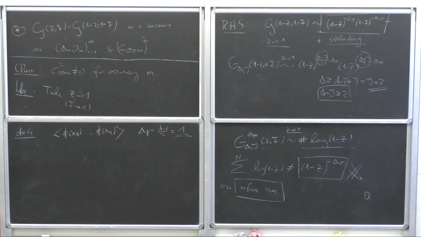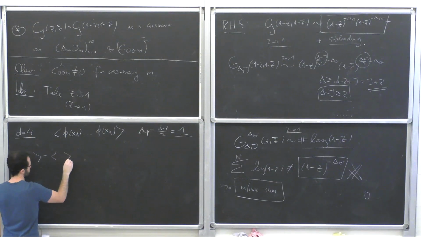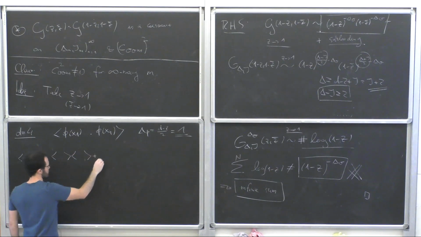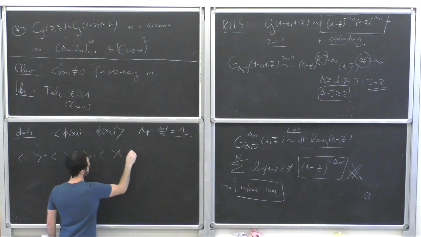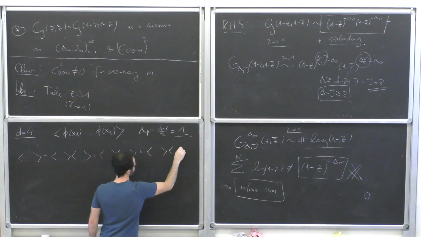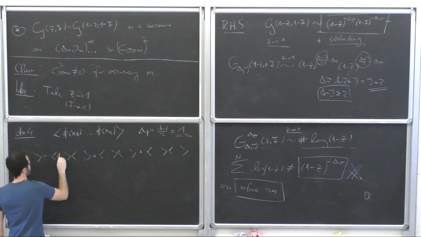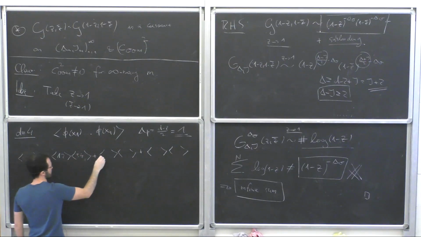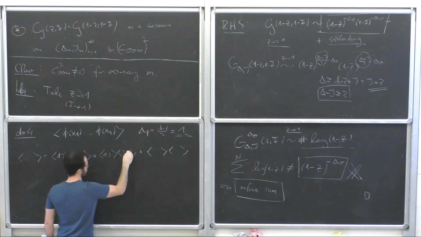So actually, you can also just write down this 4-point function. So what is this 4-point function? Well, it's the sum of Wick contractions, of which there are 3. Hopefully it's clear what I mean by this notation.